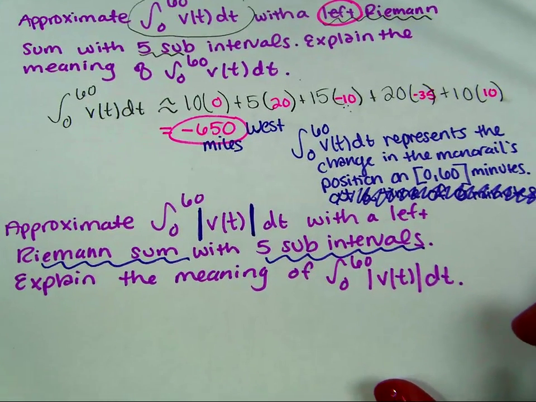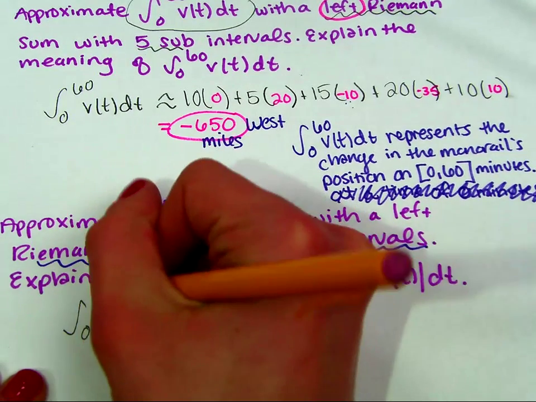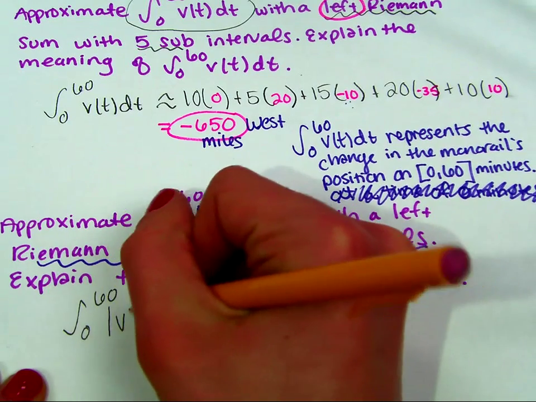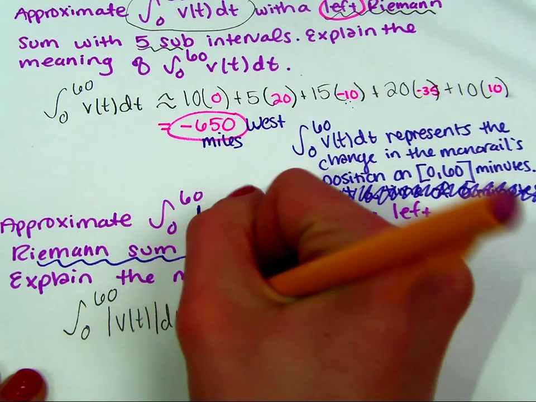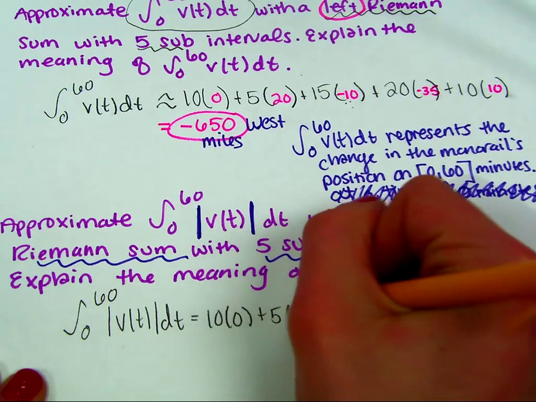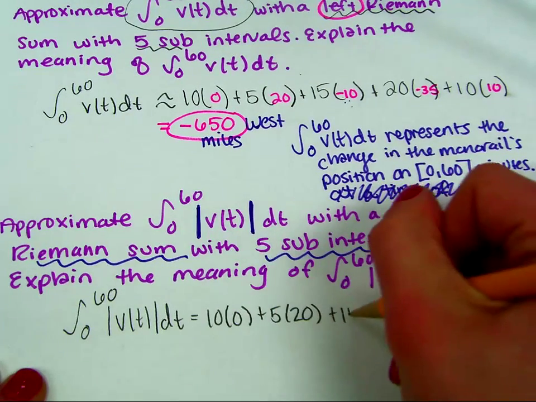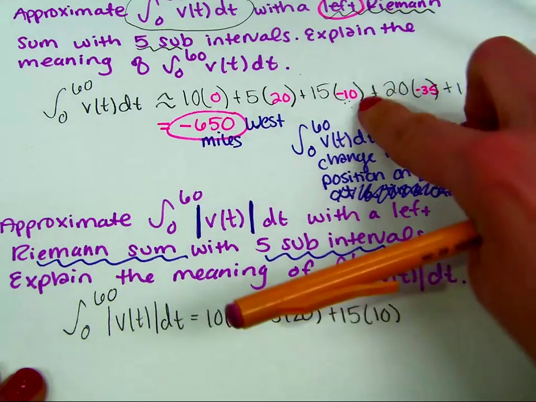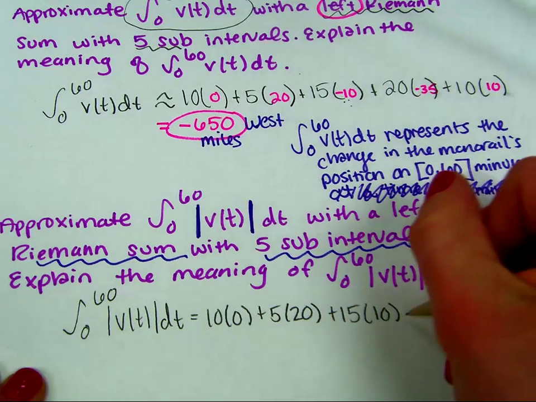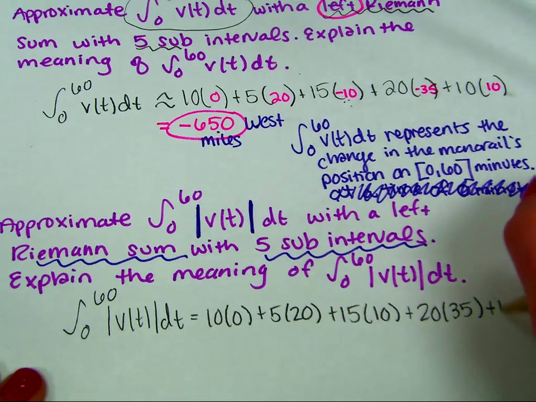So we could write that out. Not much is going to change there. If we do 0 to 60, absolute value of v of t dt, it's going to be the same, 10 times 0 plus 5 times 20. I'm just copying from up here, plus 15 times positive 10. Instead of negative 10, make it positive 10, plus 20 times 35, plus 10 times 10.